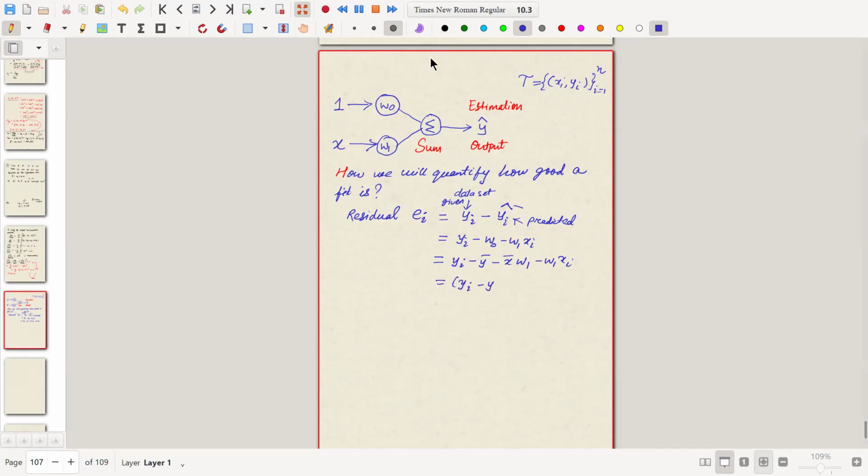y_i minus y bar, minus x_i minus x bar. Is it correct?